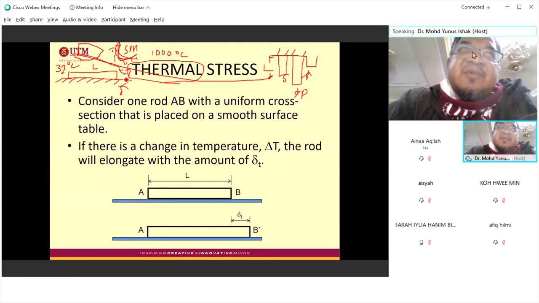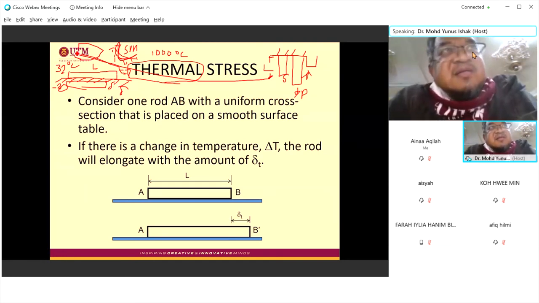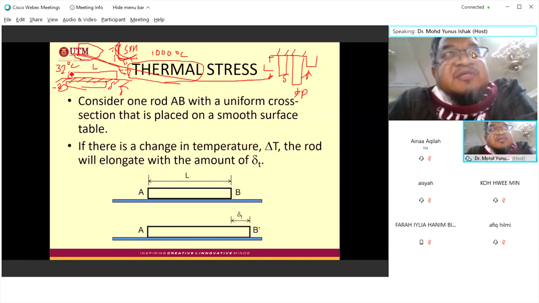And during the winter, today is 32 is the actual length, but during the winter, negative 20, so it will shorten. So L is the actual length during the current temperature.